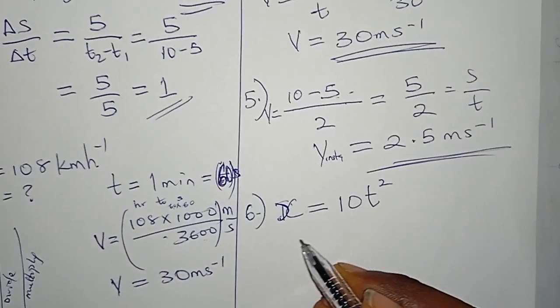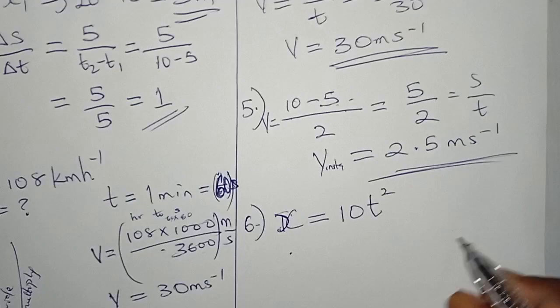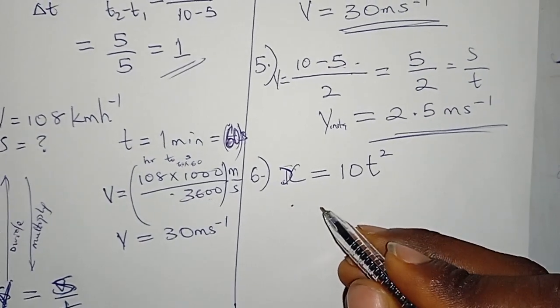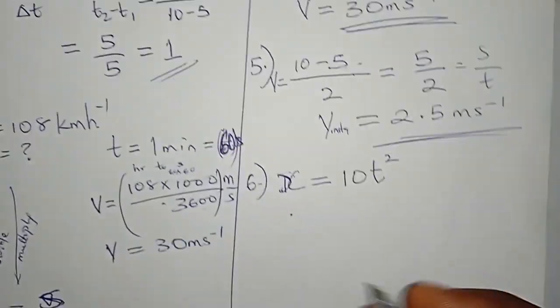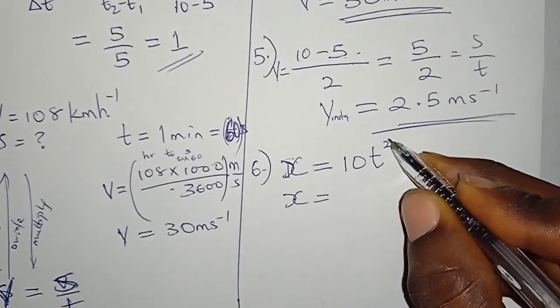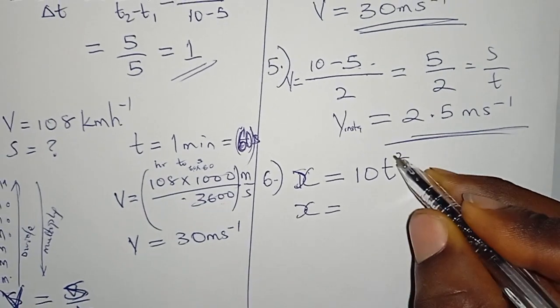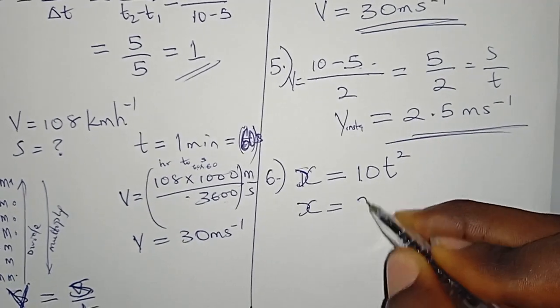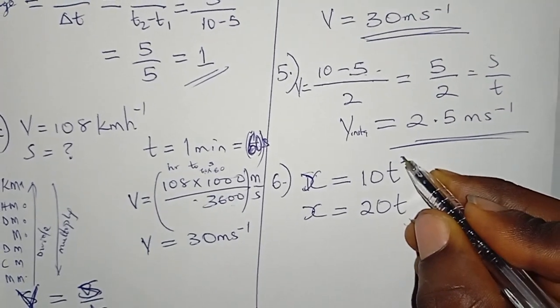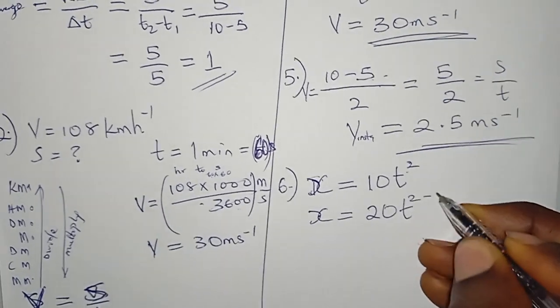Remember that when you're moving from displacement to velocity, you differentiate. If they said this is an equation of velocity and asked to find displacement, we would integrate. So this time, let's differentiate. Differentiation is simply the power multiplied by the coefficient. It becomes 2 times 10, 20t, then subtract 1 from the power, 2 minus 1.